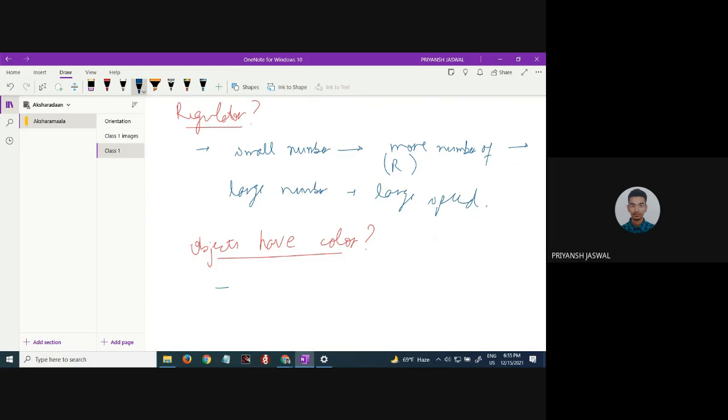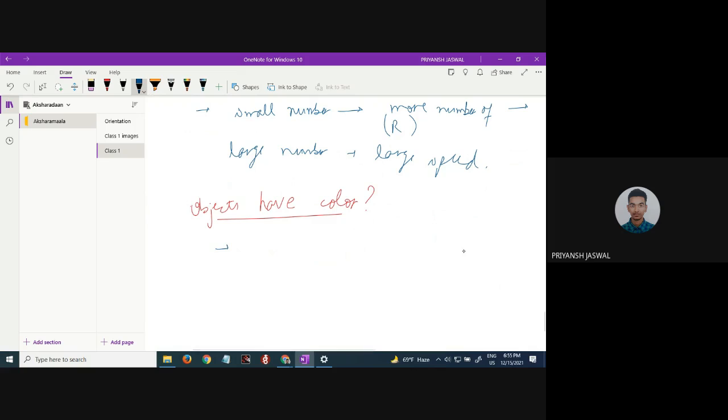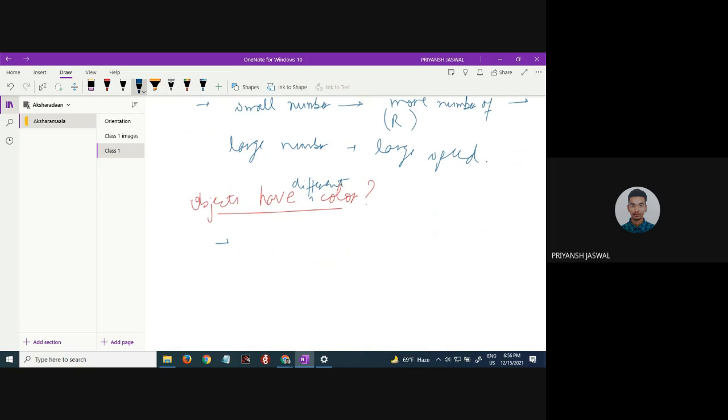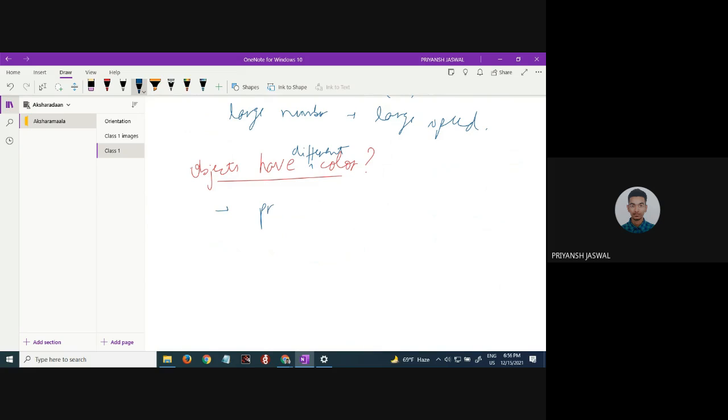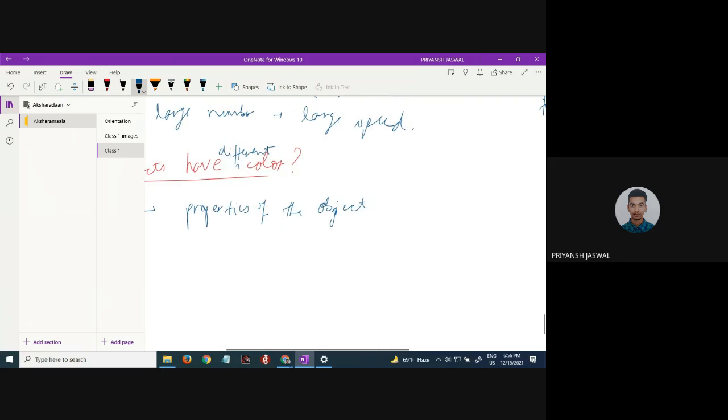And why objects have different colors? It is because of the properties of the object, or the matter out of which it is made, the properties of the matter out of which the object is made.